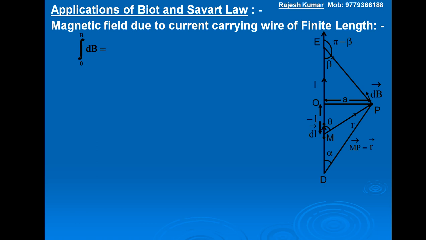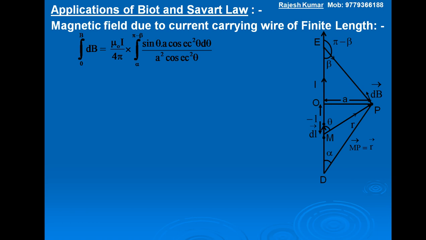Therefore, integration of dB is equal to mu naught I upon 4 pi into integration from alpha to pi minus beta of sin theta into a cosecant square theta d theta upon a square cosecant square theta.